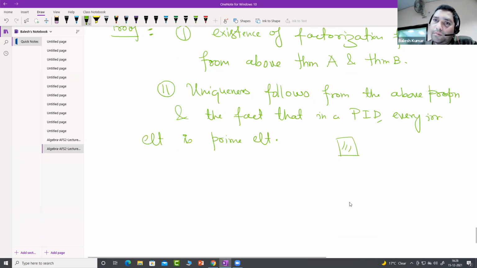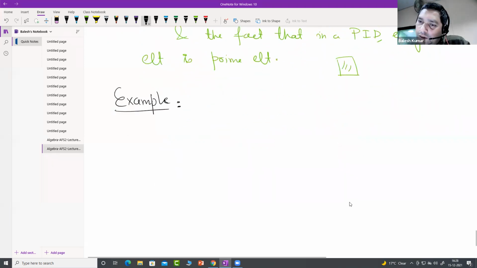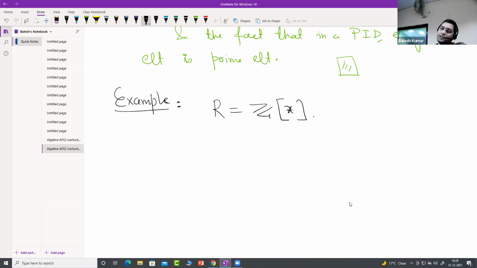Can you give a quick example where this converse is not true? If you look at the polynomial ring R, say the polynomial ring with integer coefficients Z[X], we don't yet know that it is a unique factorization domain.